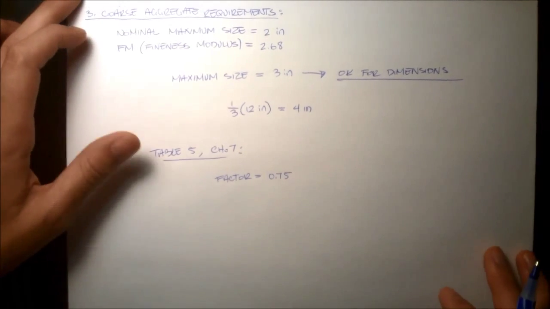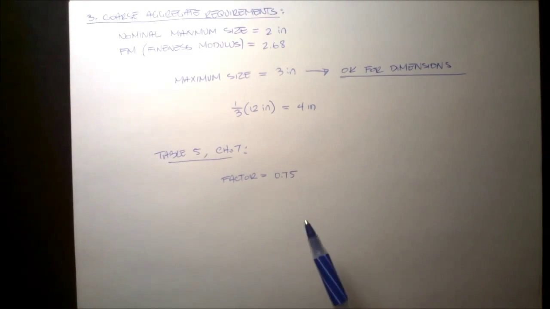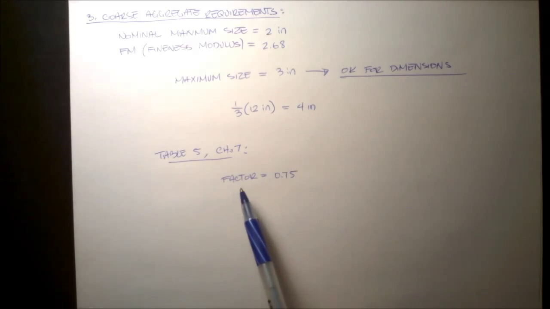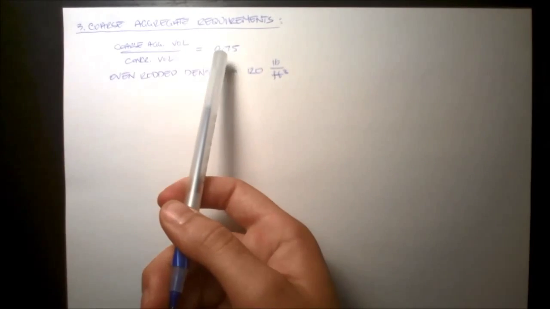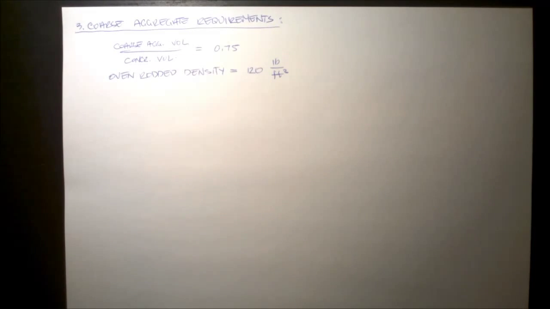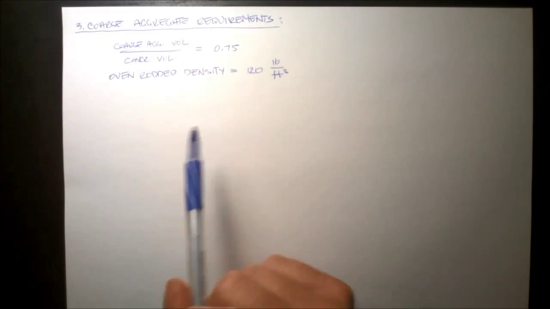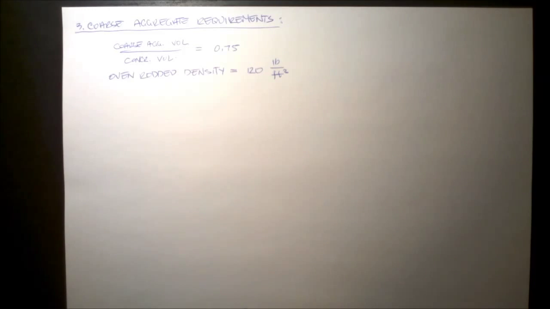If we look at that table, the factor we need is between the values for fineness moduli of 2.6 and 2.8 for a 2-inch nominal maximum aggregate size. When we interpolate, we get a factor of 0.75. We use this value to find the weight per unit volume of our coarse aggregate. For that, we need the oven-dry rodded density, which was given in the problem statement as 120 pounds per cubic foot.